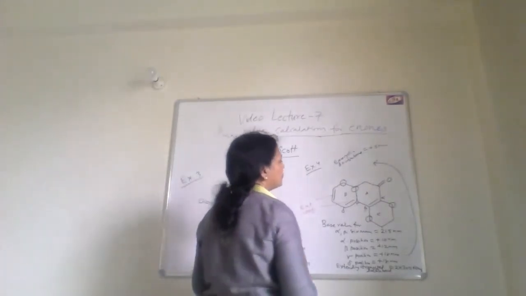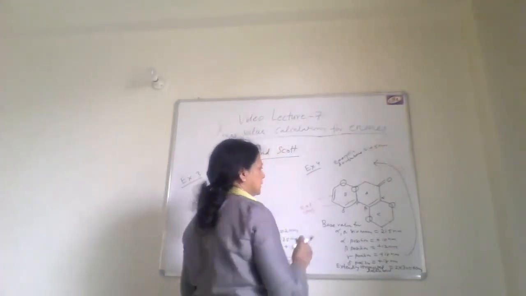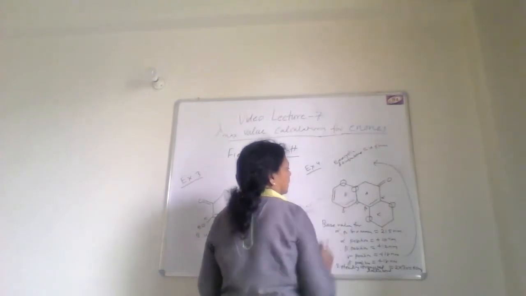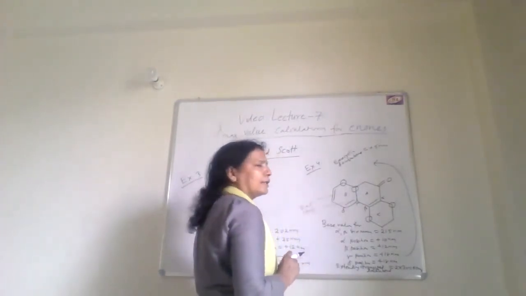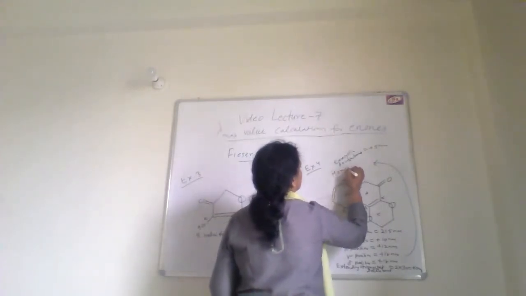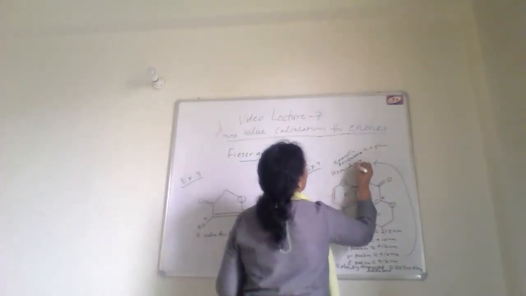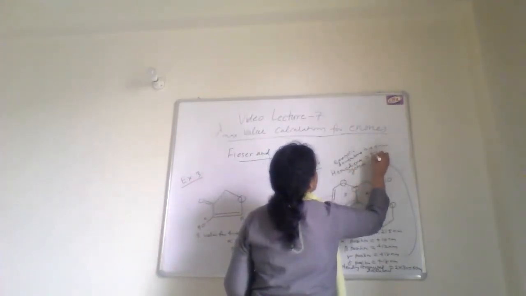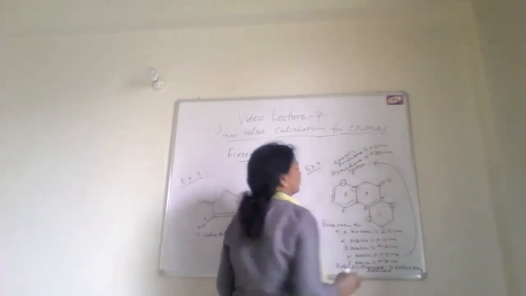Now, one more thing in this example. In this conjugation, 2 double bonds are in one ring. So a homodiene system is there. Its value is plus 39.